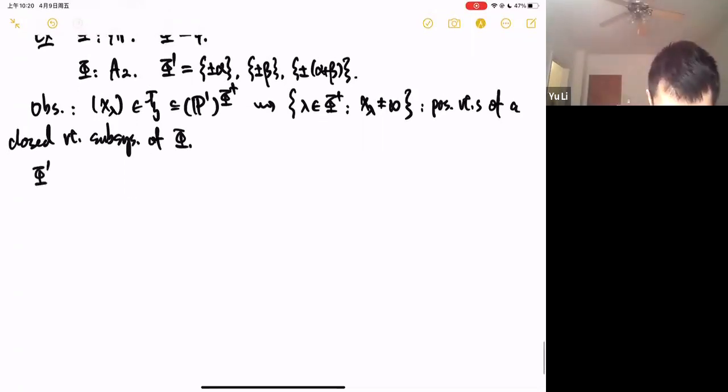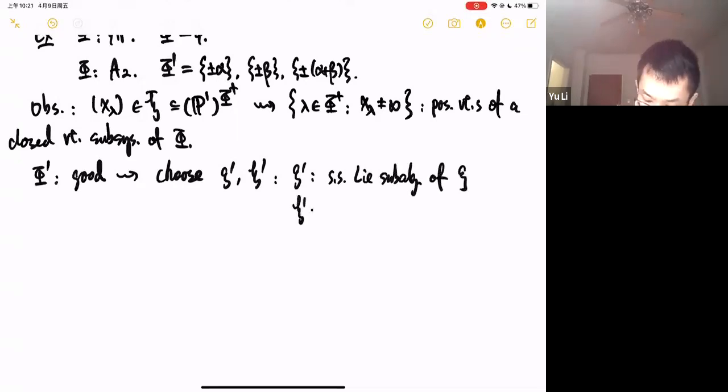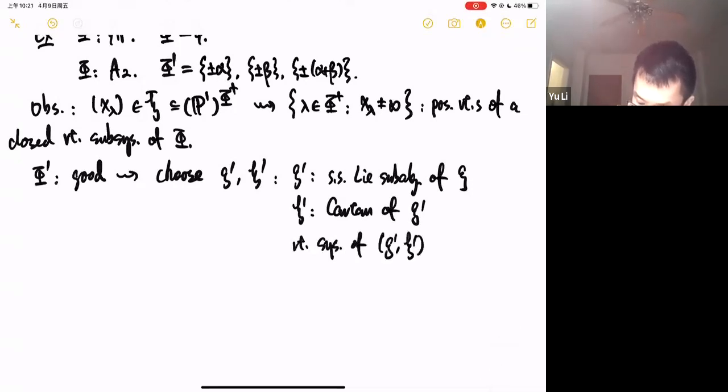Okay, so the notations. If phi prime is good, I can choose G prime and H prime, where G prime is a semisimple Lie subalgebra of G, and H prime is a Cartan subalgebra of G prime, such that the root system of G prime, H prime is phi prime.